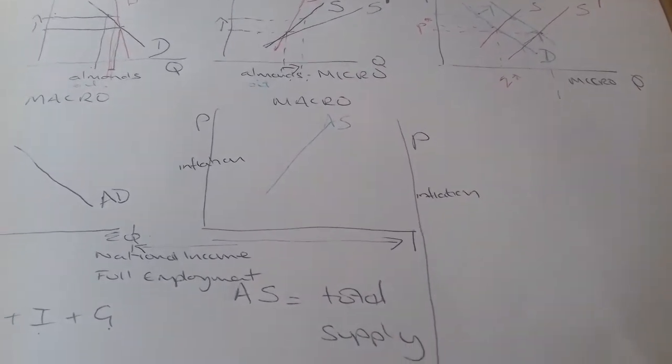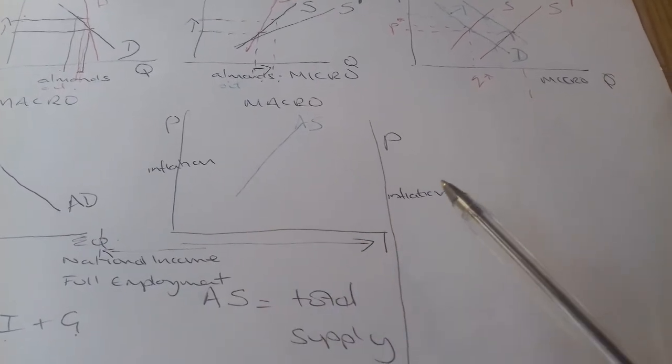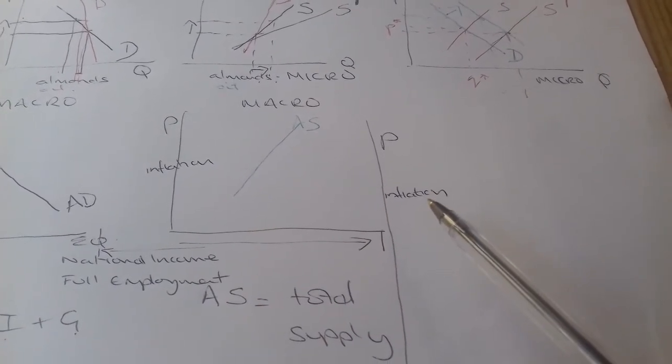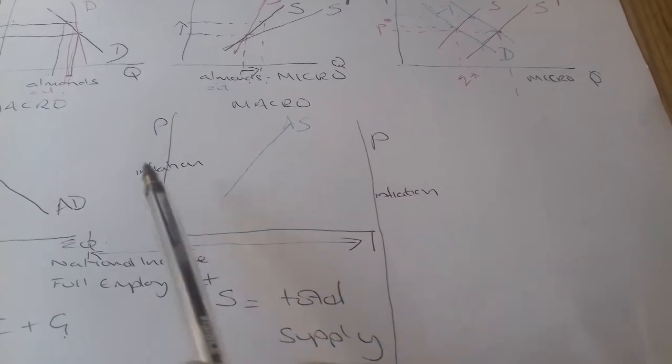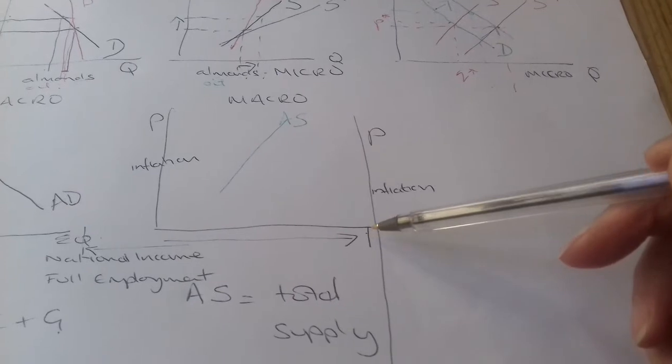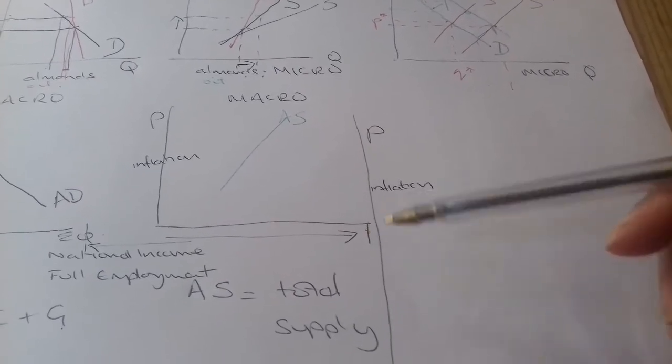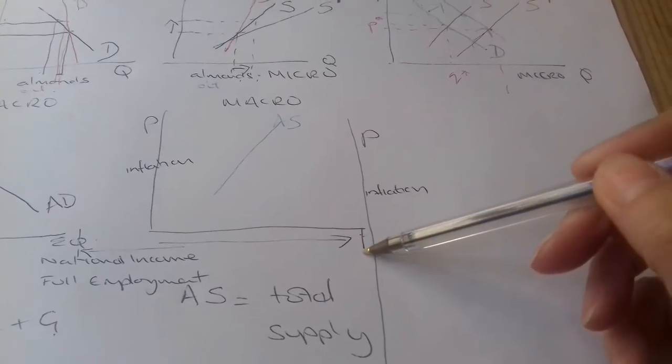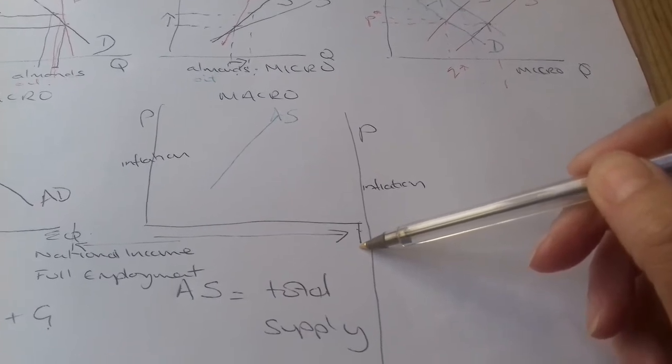However, because we have different axes when we think about supply across the whole economy, we're changing our labels. So this represents prices and inflation. The horizontal axis represents total supply, total quantity. It also represents national income and the level of employment.